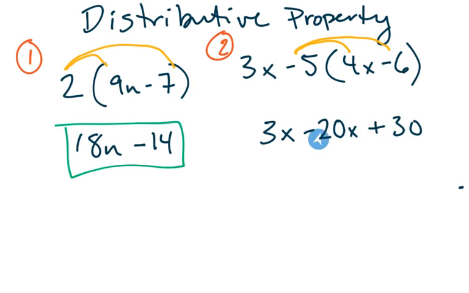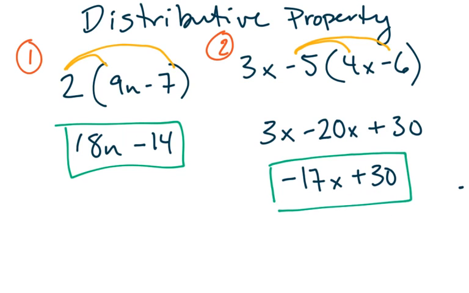And so I can combine them and make this a simpler expression. So 3x minus 20x is negative 17x plus 30. Now, I do not have any more like terms, and this is as simple as this expression can get. So that is our final answer.